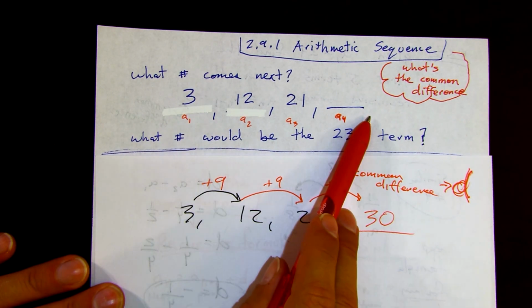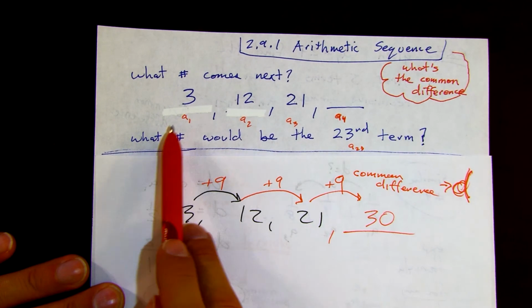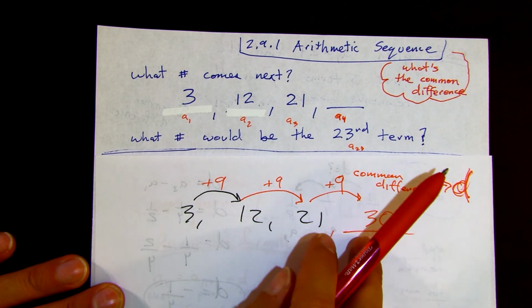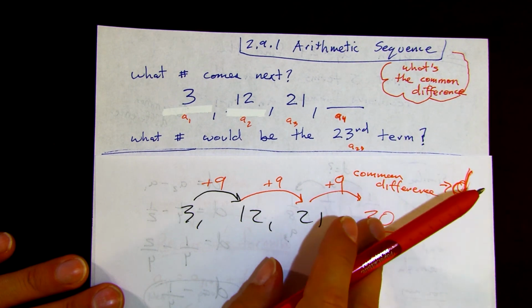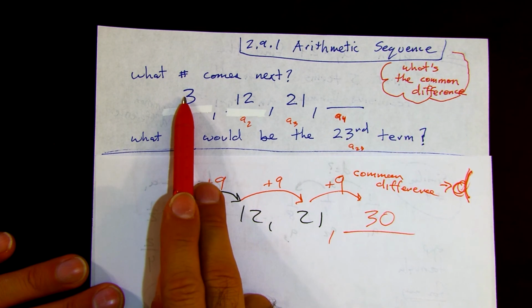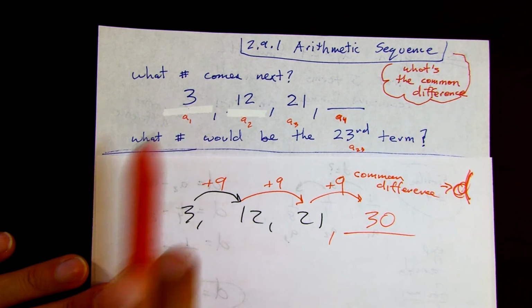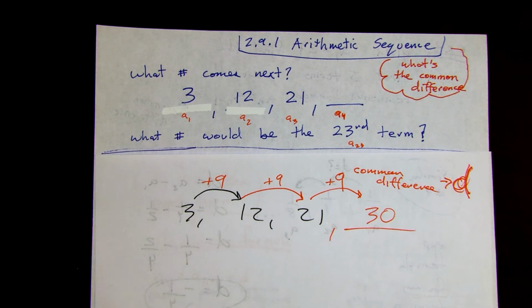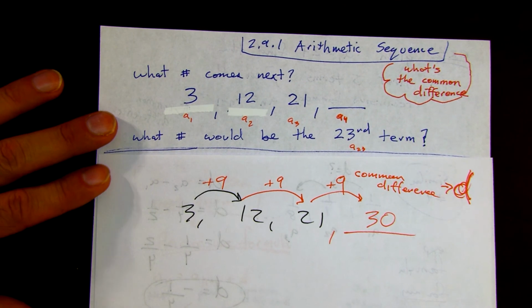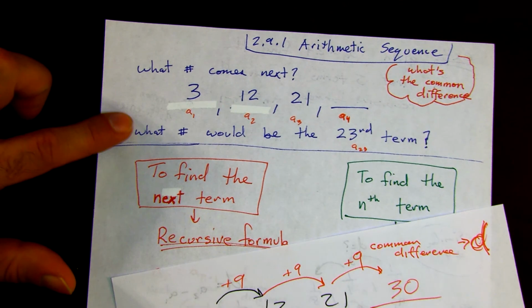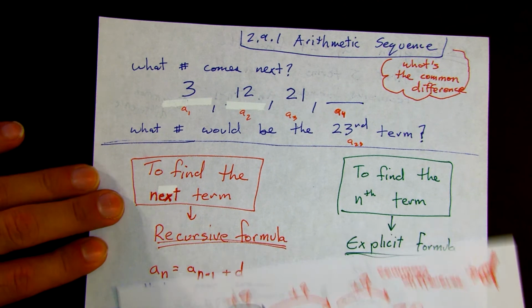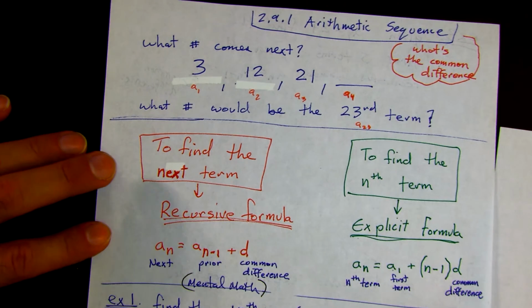The other type of problem we're going to face is what would be the 23rd term? That's not what comes next. That's like, I know the first term, what's the 23rd term? So that is the second part of the assignment here. We're going to come back to these problems as we look through these two different approaches.